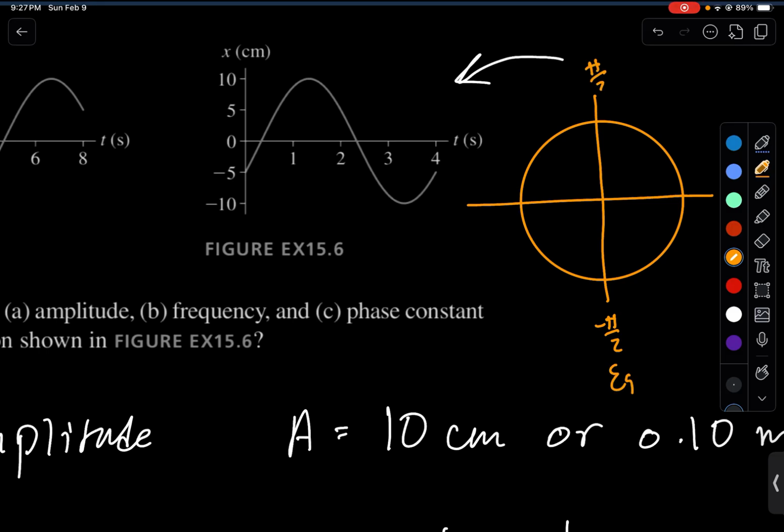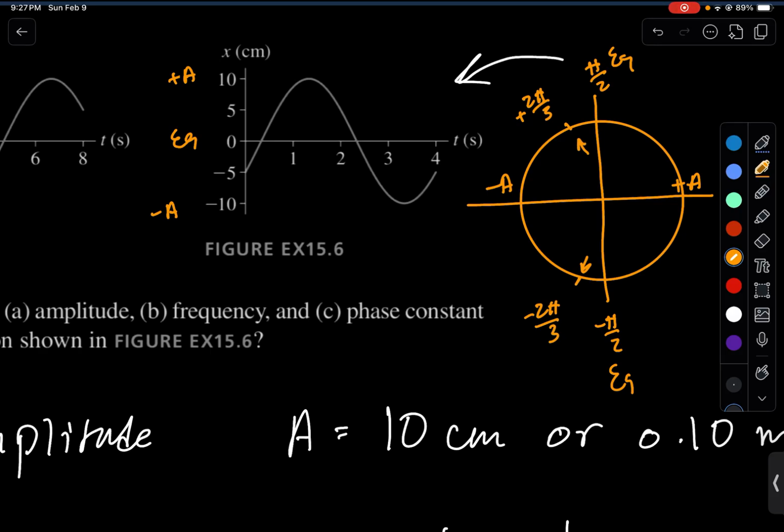Here is also pi over 2, our equilibrium. Here is our positive amplitude. Here is our negative amplitude. Minus 2 pi over 3 is located here, and 2 pi over 3, the positive one, is located here.